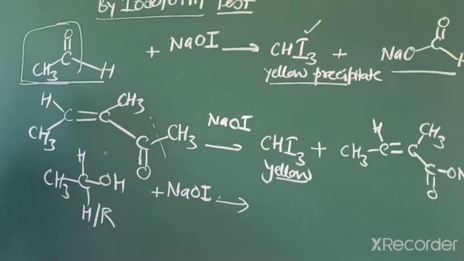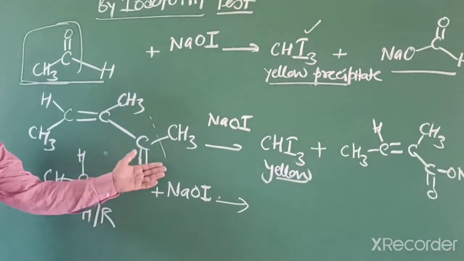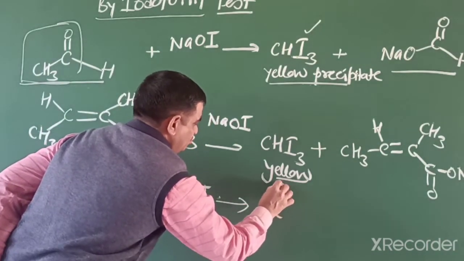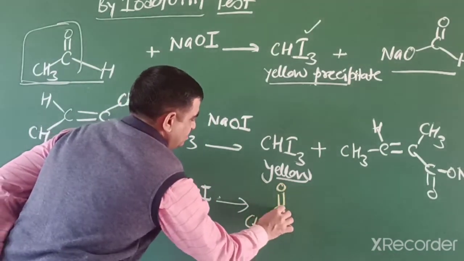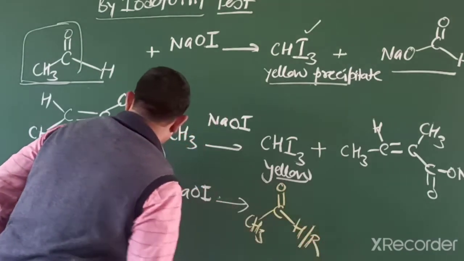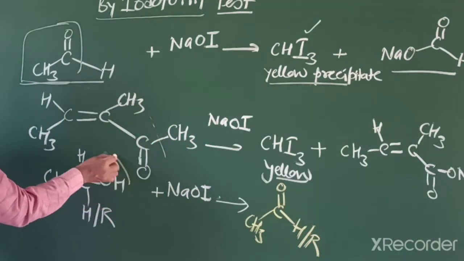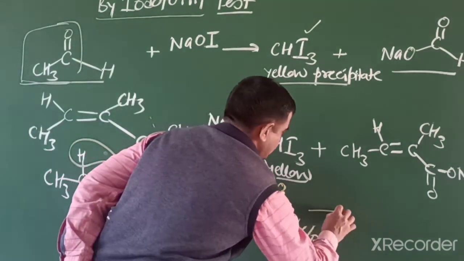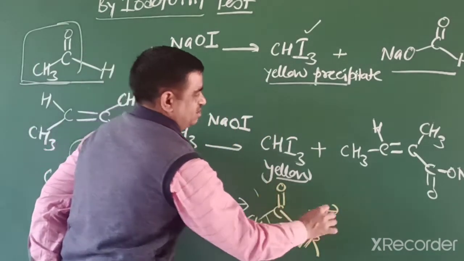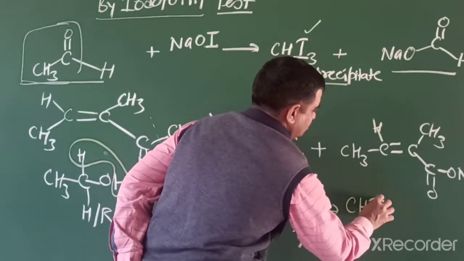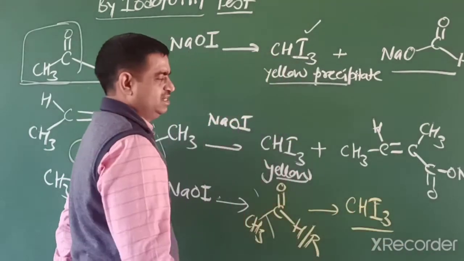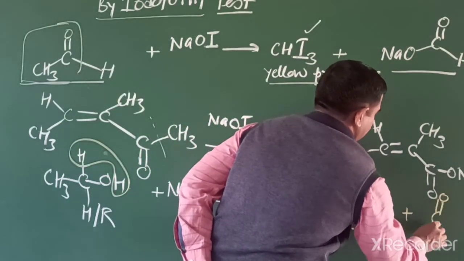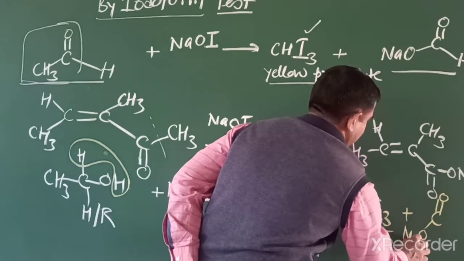This is because the alcohol is first oxidized, hydrogen is removed, and it converts into the corresponding carbonyl compound. After that it also responds to the iodoform test, giving CHI3, a yellow precipitate, and the remaining compound is the sodium carboxylic acid salt.